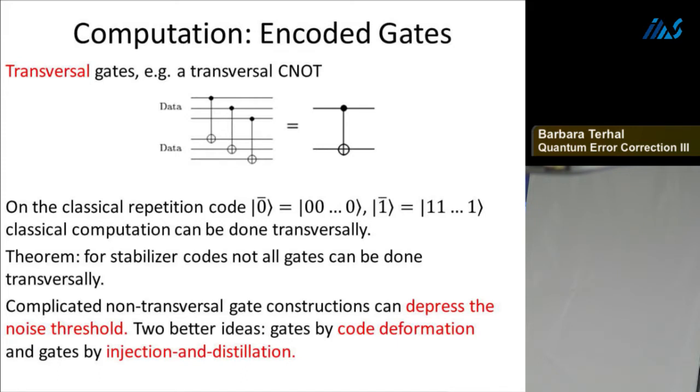Sorry, transversal gates. Is the meaning of transversal related to control gates? No. If I do a Hadamard, for example, and the way to do the Hadamard is to just do a Hadamard on every qubit in the block, then it's transversal. So it's blockwise.